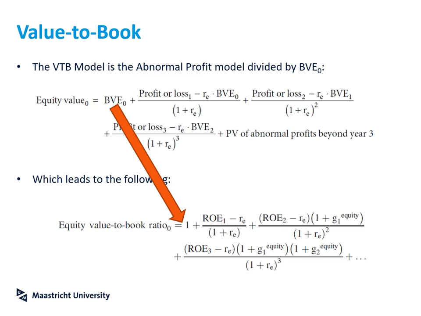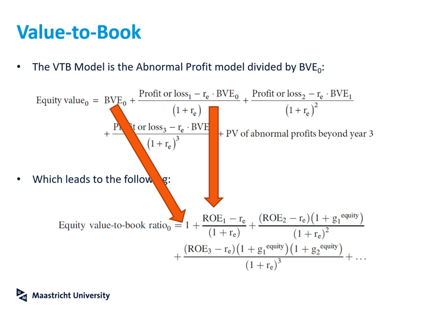The equity value, but also the value to book ratio, depends furthermore on the ability to earn abnormal profits. And in the value to book formula, this is the ability to earn an abnormal ROE. So you're willing to pay a higher multiple on the book value of equity if the return on equity that you're generating is higher than the cost of equity.